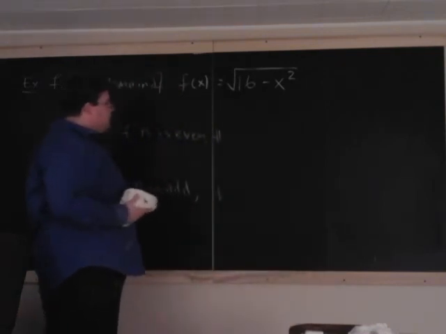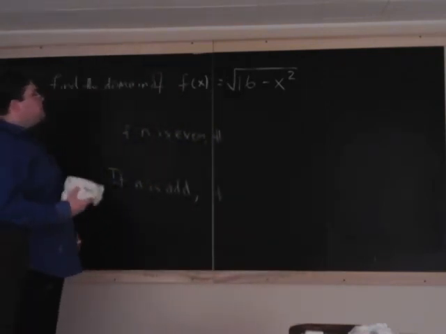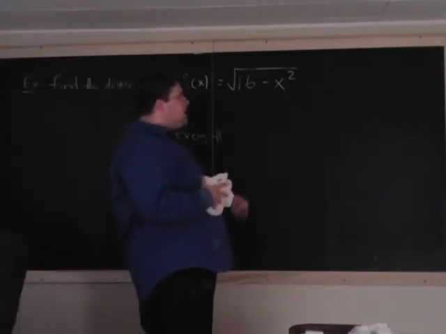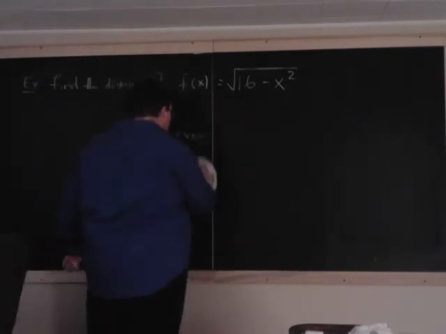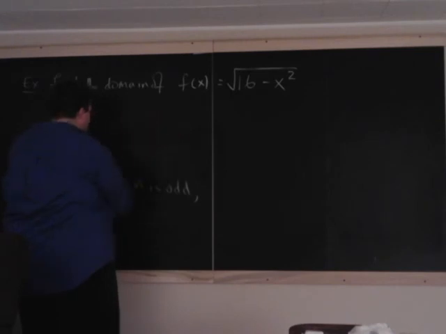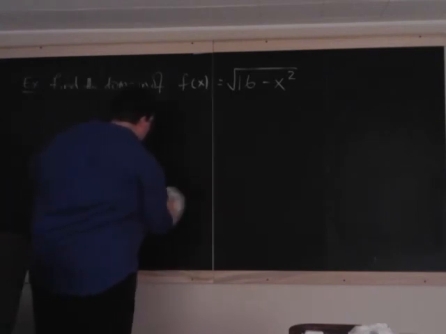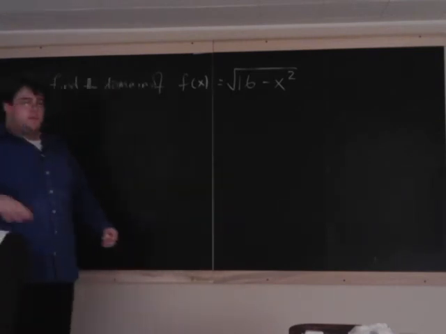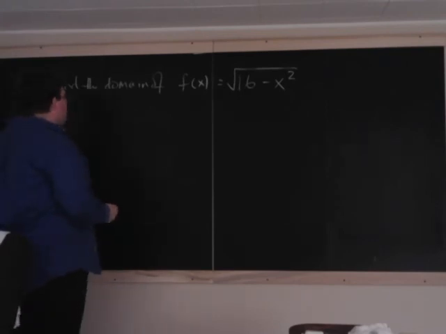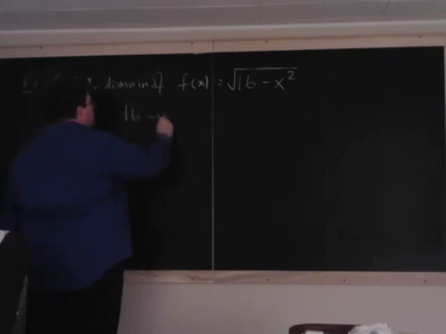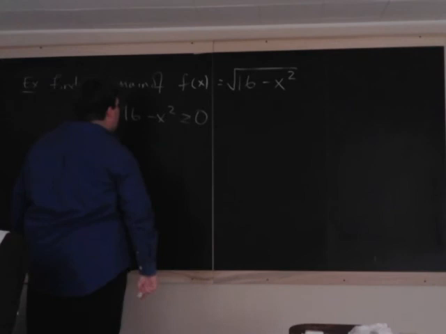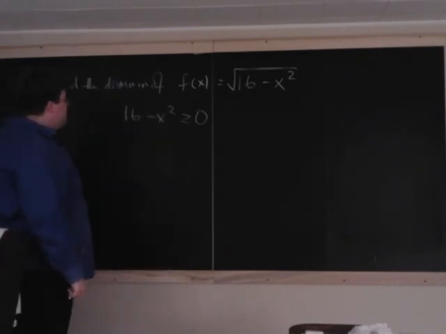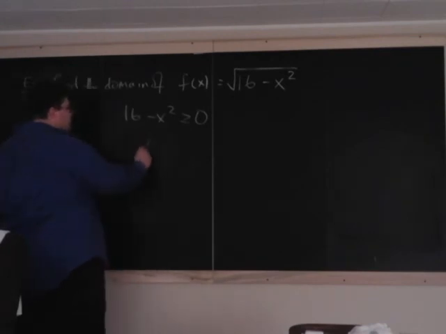So from this remark that I erased half of, we know the domain is going to be where the inside is greater than or equal to 0. So let's find where the inside is greater than or equal to 0. Okay, I'm going to add x squared to both sides and then flip the inequality around so it looks like this.